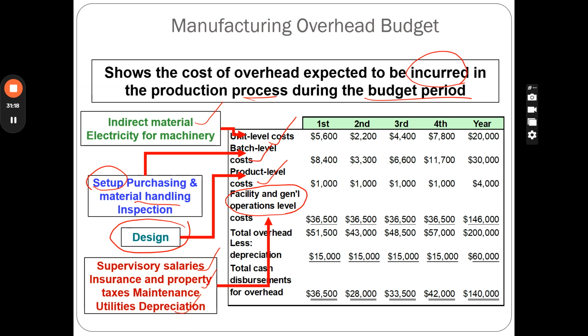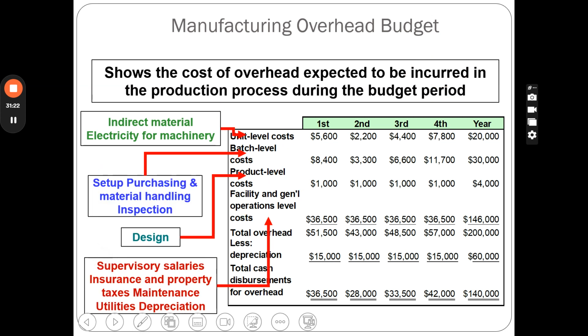All of this is going to be based on the facility and general operation level. So again, you will have different amounts. So you got here total overhead 51,500, and maybe you will minus depreciation from that, so you will know how much in terms of cash outlay I'll be having.